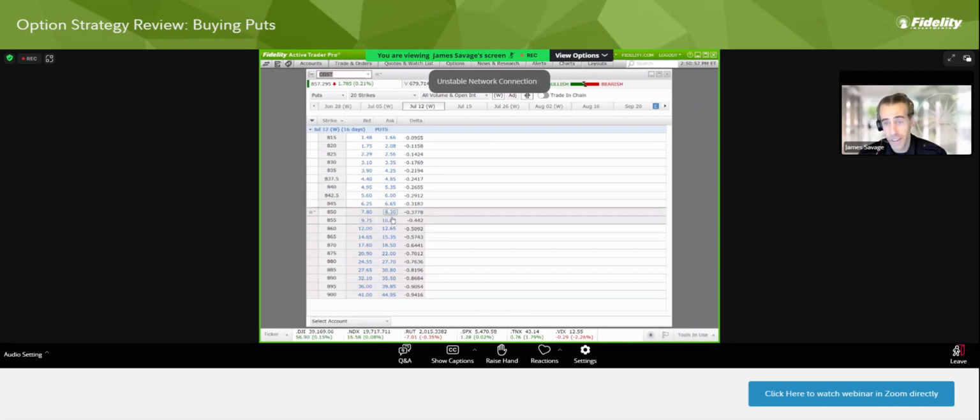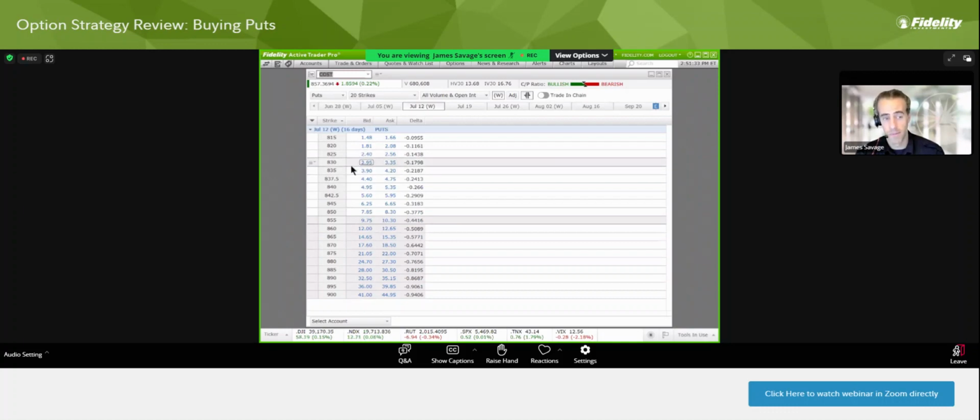And if Costco starts moving down, let's say Costco goes from 857 to 856, because that delta is 44, we would expect this contract to make 44 cents, or for one contract, profits of $44, the value should start to increase by $44. Now, delta will change as the underlying continues to move down. We would expect delta to continue to rise as this goes from an at the money to an in the money. And we can see here how the delta changes.